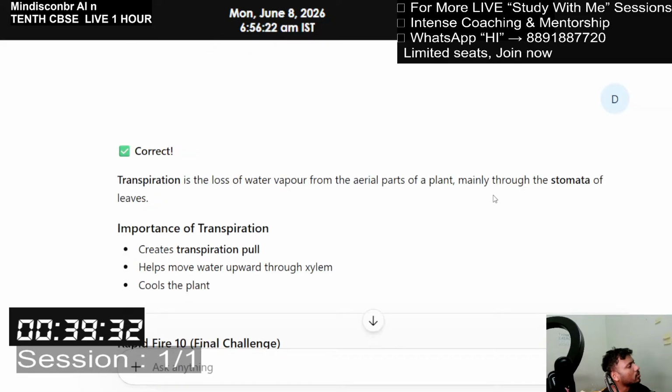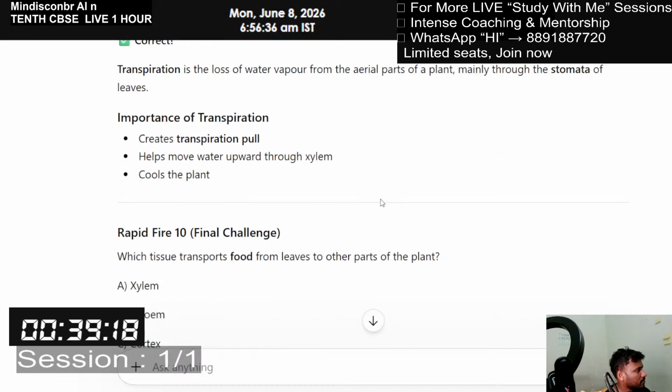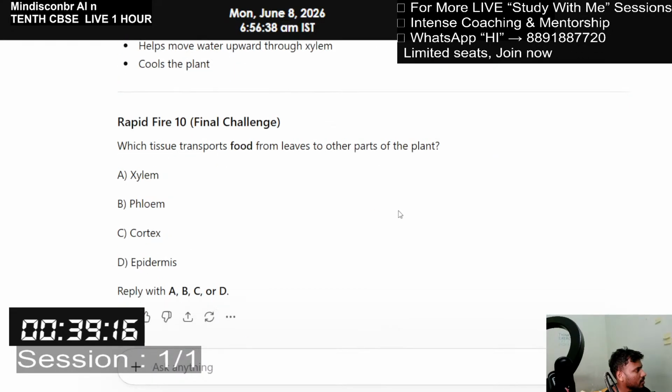Transpiration is the loss of water from the aerial parts of a plant, mainly through the stomata of leaves. Importance of transpiration: creates transpiration pull, helps move water upward through xylem, cools the plant. Which tissue transports food from leaves to other parts of the plant? Phloem.